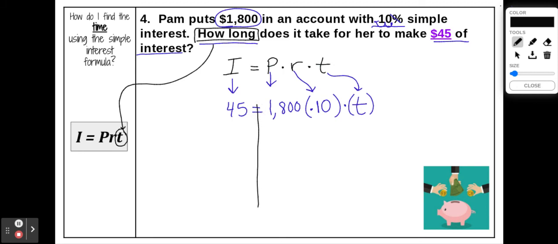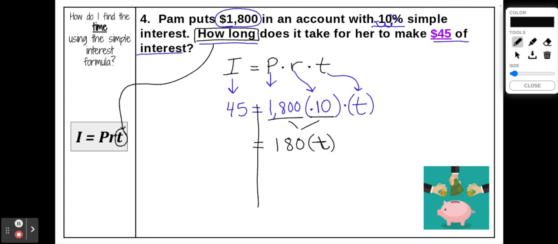So take a look over at the right with the T. Do you see the 1,800 and the 0.10? Let's multiply those two together to make one number. So 1,800 times 0.10 in the calculator, and you'll get 180. And then we can bring down the T. You don't need parentheses.